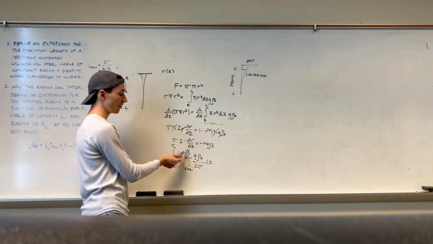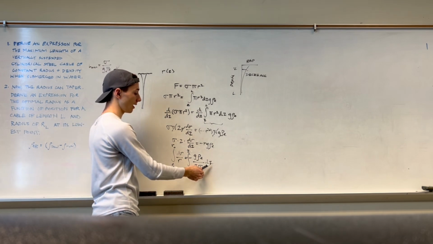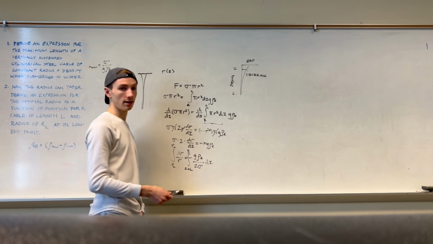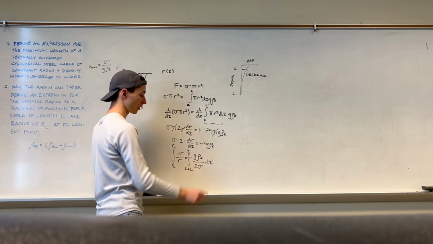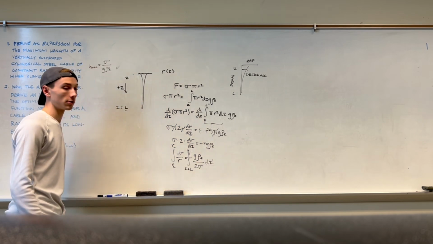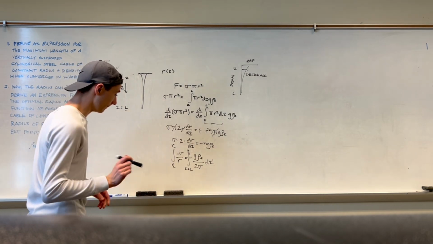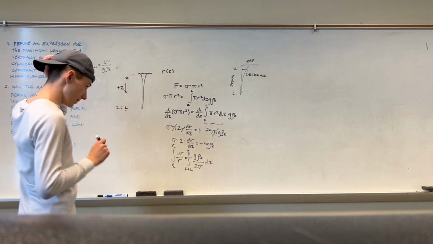Since we're going up to some value of z and using z as the variable here, we shouldn't really do that. So we're going to substitute a dummy variable for z, we'll call it z prime. That's correct notation. We can go about integrating these now.